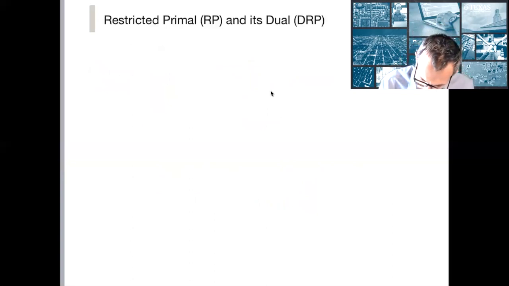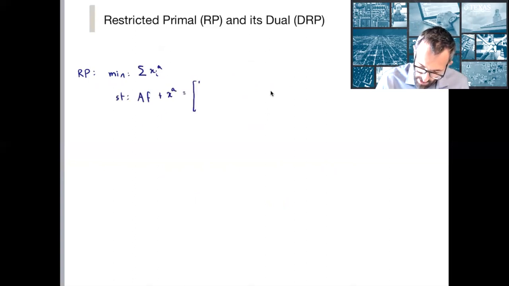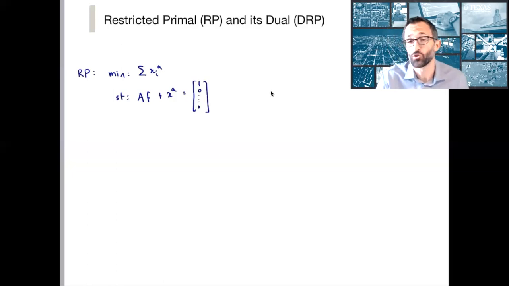So the restricted primal, I'm going to minimize, as usual, the sum of all of my auxiliary variables, subject to AF plus XA is equal to that same right-hand side vector. Note that the right-hand side vector, as we had assumed in our original framework, can be made non-negative without loss of generality. Here it was naturally non-negative.